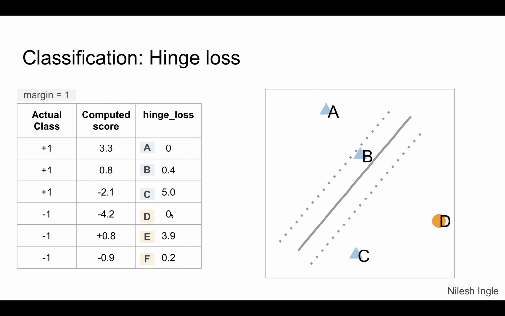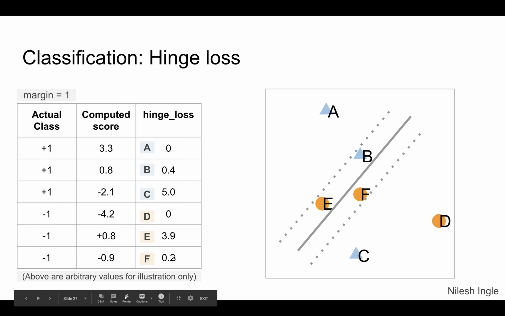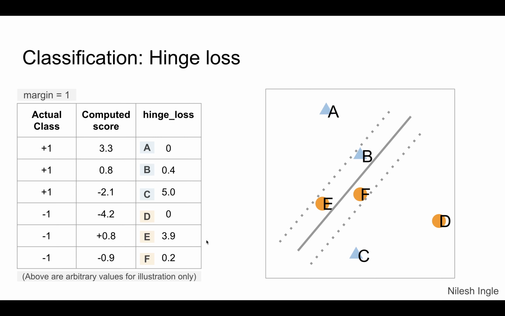So it's away from the margin on the right side, and therefore the hinge loss associated with that is again 0. Now the points E and F are again close to the margin, so there is a penalty associated with them. However, because E is misclassified, there is a large penalty for the data point E.